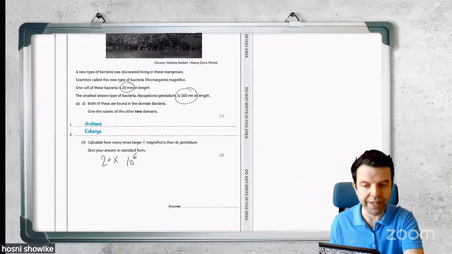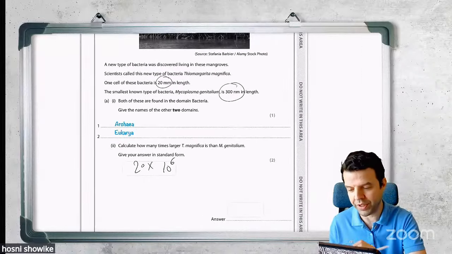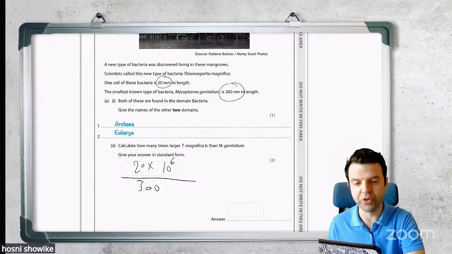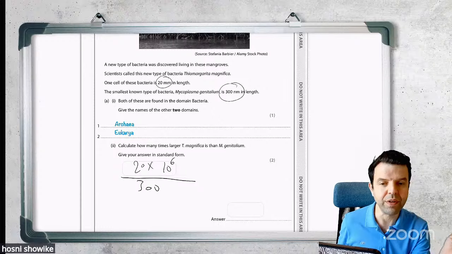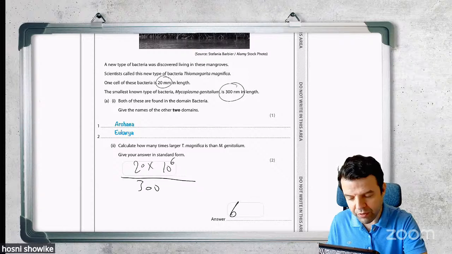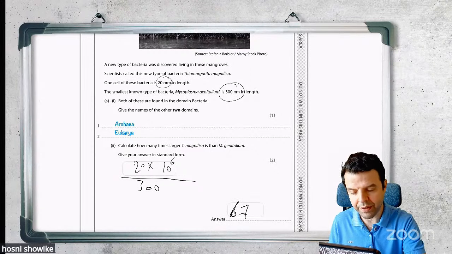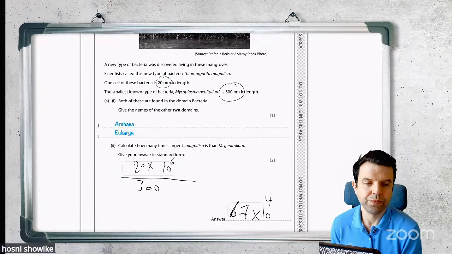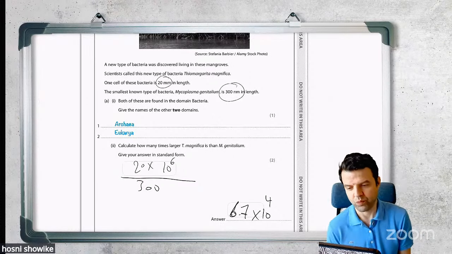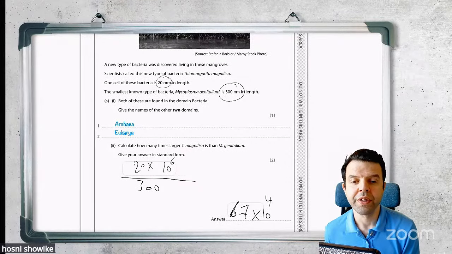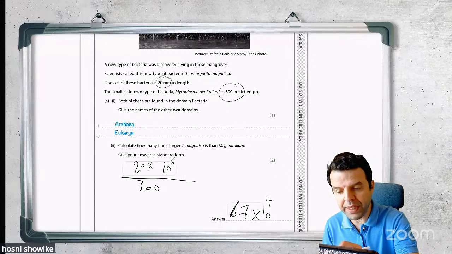They want the final answer in standard form, so that's why I'm writing it this way. Then I'm going to divide this by 300, so 20 million over 300, both in nanometers. This should give you 6.7 times 10 to the power of 4. Okay? So I just divided the size of the bigger bacterium by the smaller one, and I converted them both to nanometers.